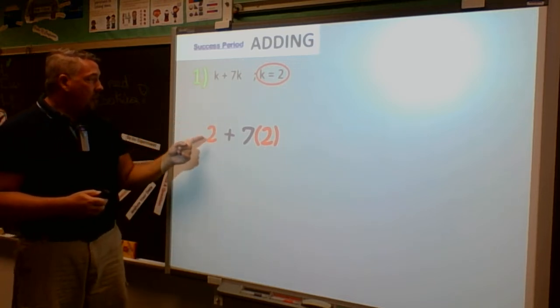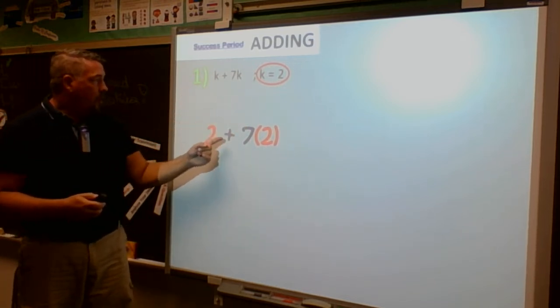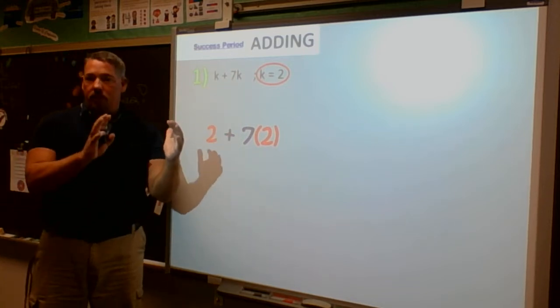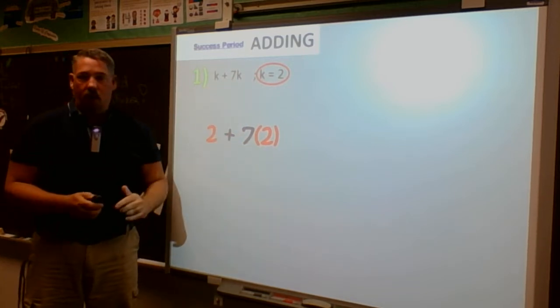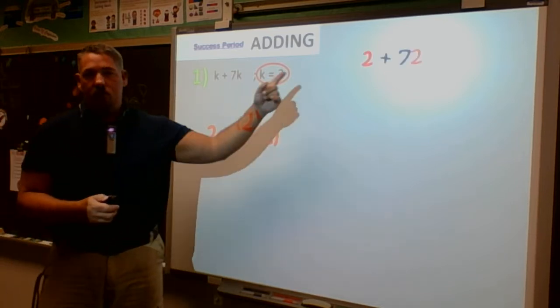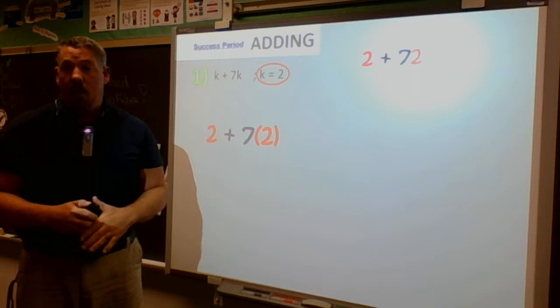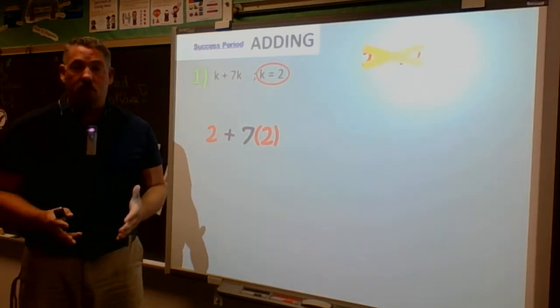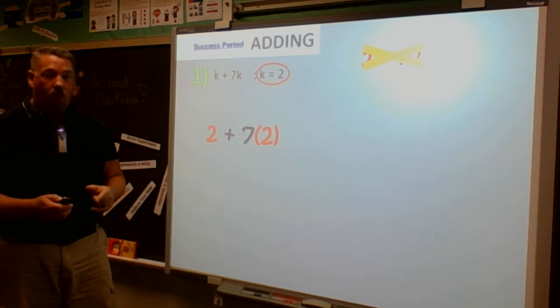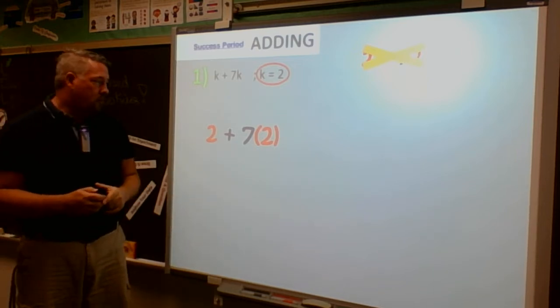So I have, instead of k, a 2. Plus, now this is 7k, so I put 7 in parentheses, I put the 2 for the k. The reason I put those parentheses is because if I don't, I end up with 2 plus 72, and that is completely and totally the wrong answer. So I don't want to leave off those parentheses. Those parentheses will be important every single time I solve these.